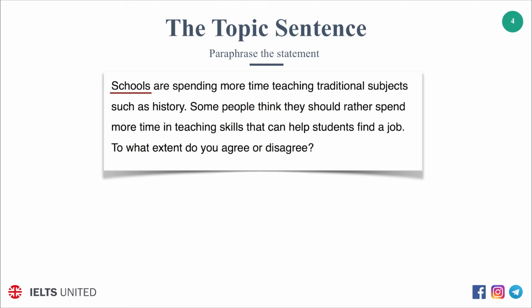Obviously, university is different from schools, so I don't want to use that. College is possible, but I will say educational institutions. It's a broader term. It means more than schools, but it does include schools, so I think it fits.